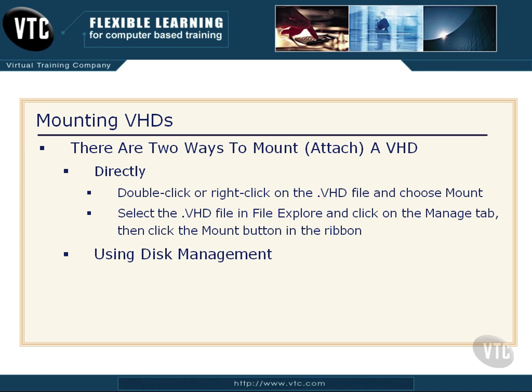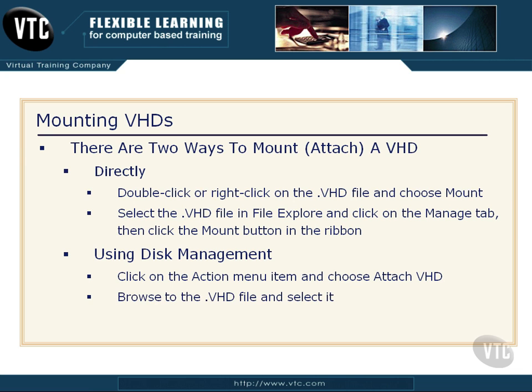Then I can also use the Disk Management tool, click on the Action menu item and choose to attach the VHD. And then I can also browse to the VHD file and select it first, and then go to the Action menu. And the VHD gets mounted, and once it's mounted, it will appear as a drive or as drives. Keep in mind, if within that VHD I have more than one partition, it'll show up as however many drives out there.